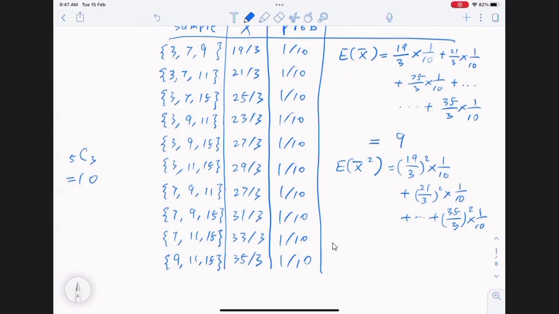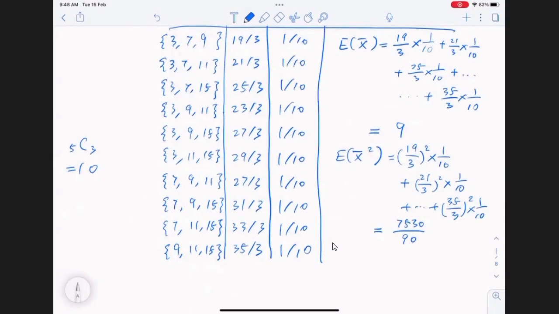For these 10 terms, we will obtain the expectation of the square. And it is equal to something like, I can't remember, so I need to refer to the solution. 7,530 divided by 90. You can try to work out the calculation to verify that the expectation of the square of the sample mean is equal to this.